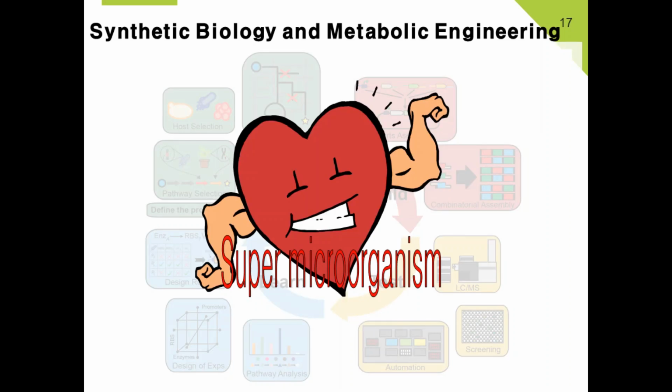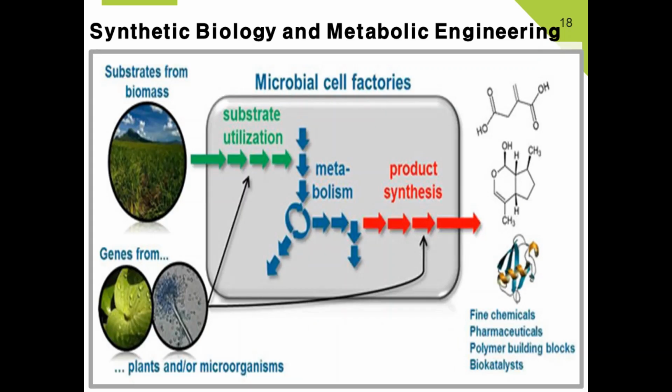Now, after going through this cycle a lot, you would have your super microorganism. Ideally, your super microorganism would be able to produce your target product without producing a lot of byproduct. It would have high yield, high productivity, and it would be very robust or very tolerant of toxic compounds and toxic environments that may occur during your fermentation.